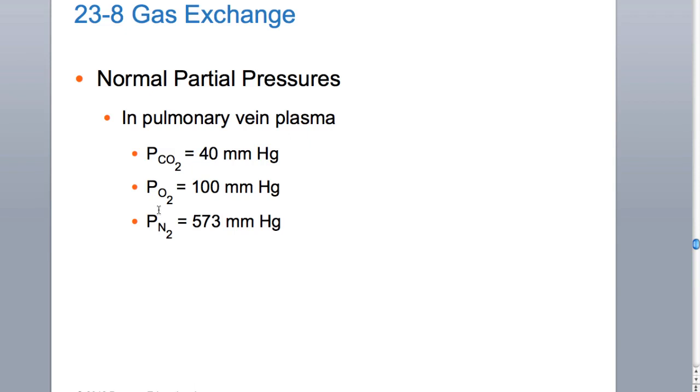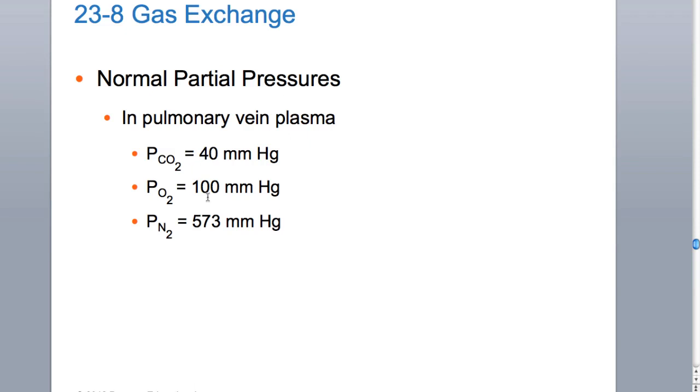You said earlier that oxygen, when you do the partial pressure math, 21% of 760, you said it was 160. That is correct. That is what it would be outside the body, in the air, outside at sea level. Inside your pulmonary vein, it's 100.